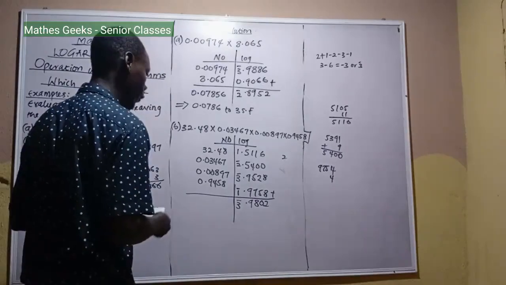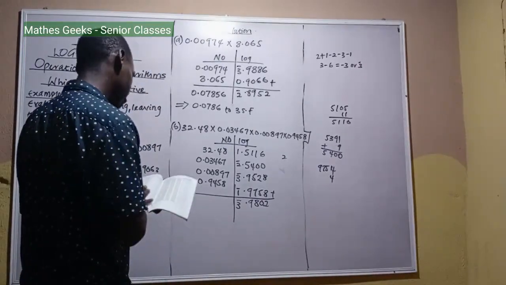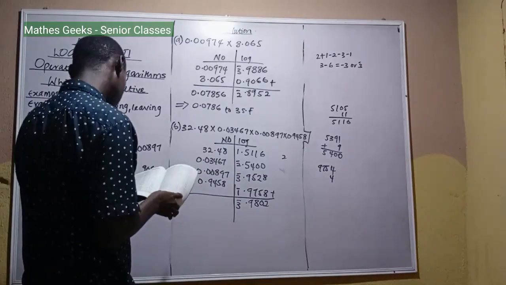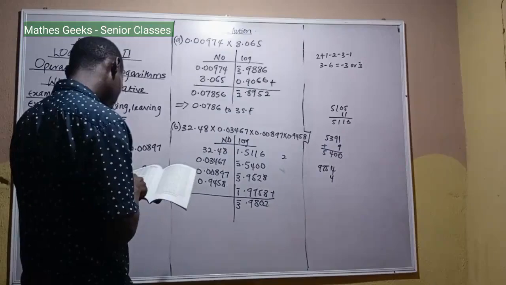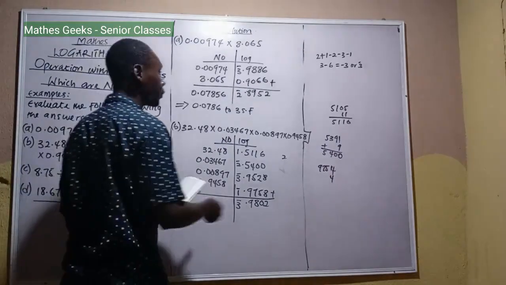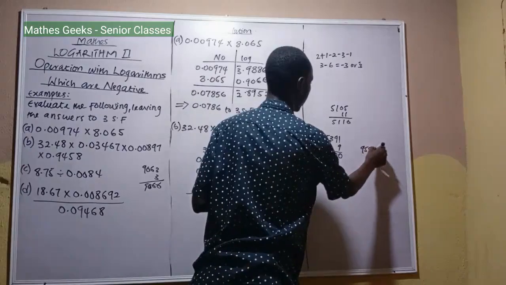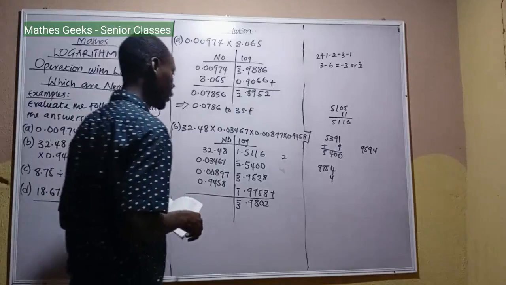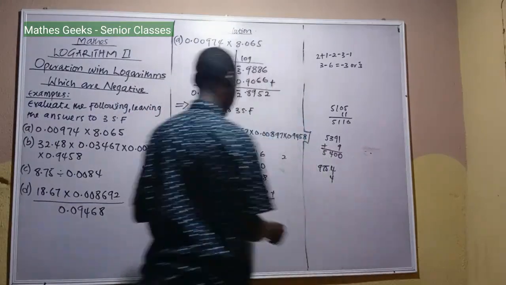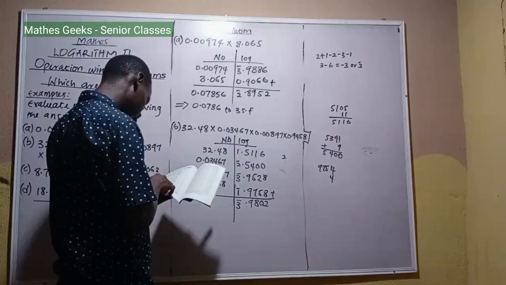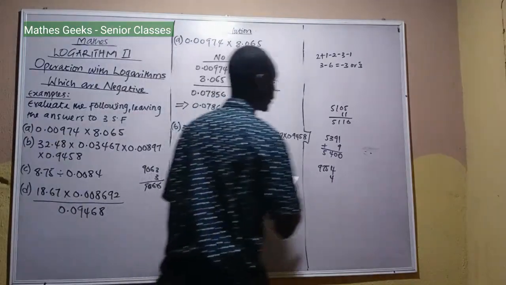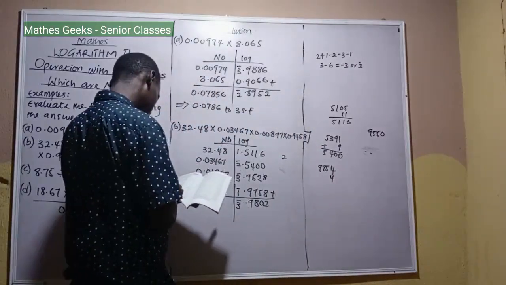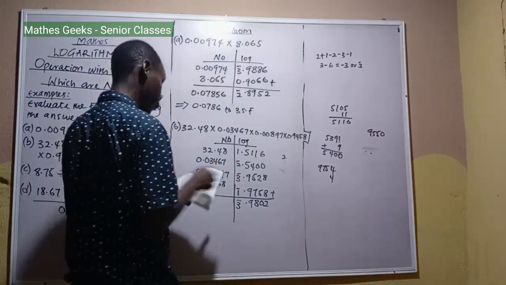So now let's look for the anti-log of bar 3.9802. So 0.98 anti-log, 0.98 under 0 is 9550. Difference 2. Difference 2 is 4.